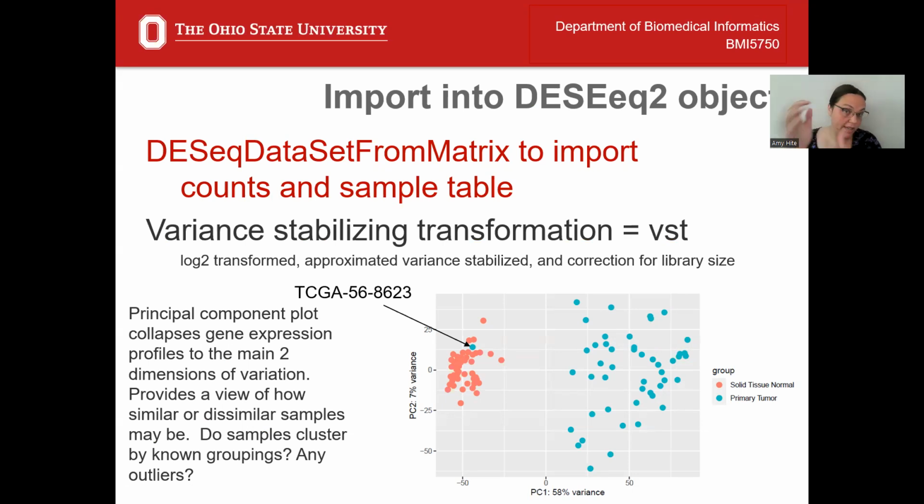So when you make this PCA plot, you can shade it based on whatever clinical factors you want. The first thing I'm sure you would want to do is shade it based on the groupings that we're doing differential expression on. Here in this case, I'm shading them based on primary tumor in blue and normal tissue in salmon.